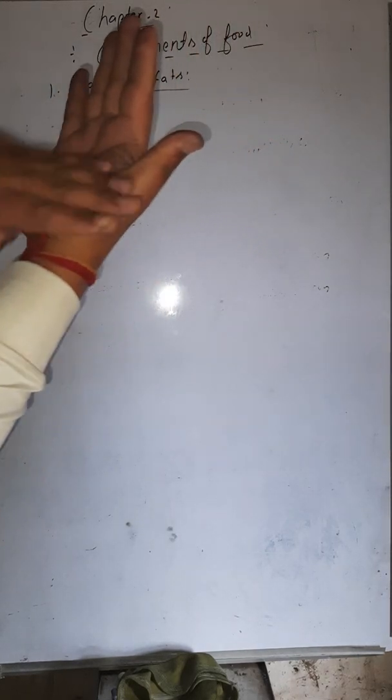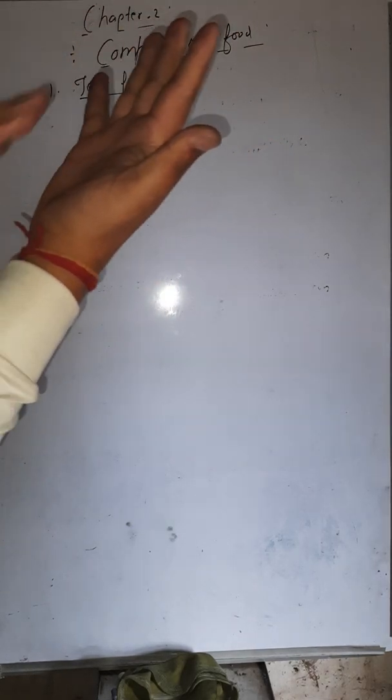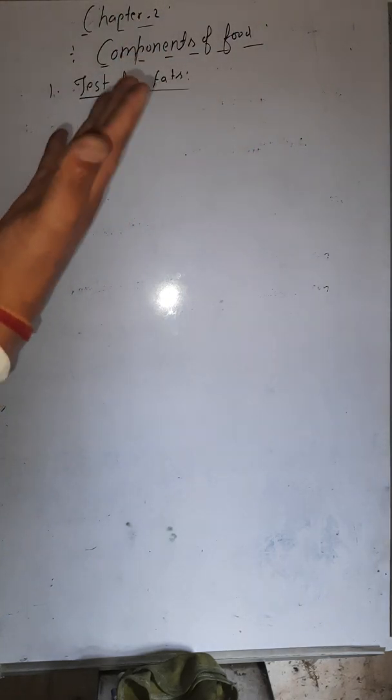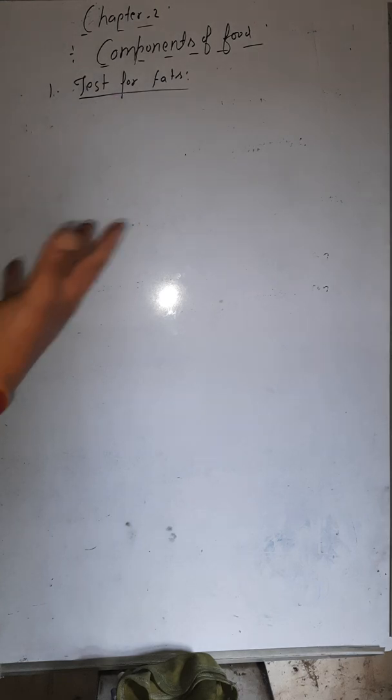Then you can see the piece of paper has become oily and translucent also. Now you can see through it partially. So this indicates the presence of fat or oil in the samosa. This will be the test for fats.